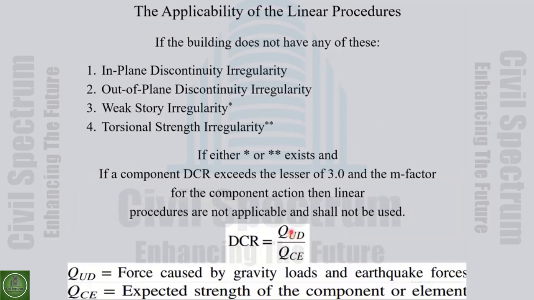Demand is usually shown by U, the value of the parameters, and the capacity is denoted by C. And for the demand, you see that we just look at the deformation control parameters, because one of the basic concepts in seismic design is that when we look at a building that is being designed to get damage in an earthquake, the design philosophy for a new building is that we design in such a way, by distributing the strength, that the damages happen at specific points.